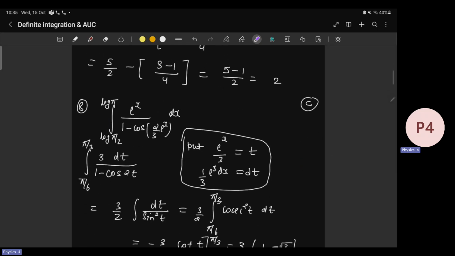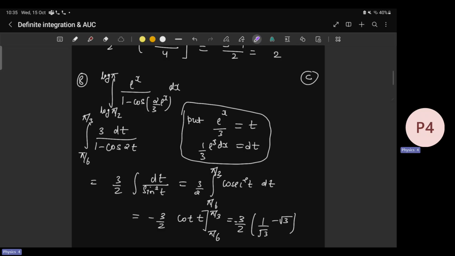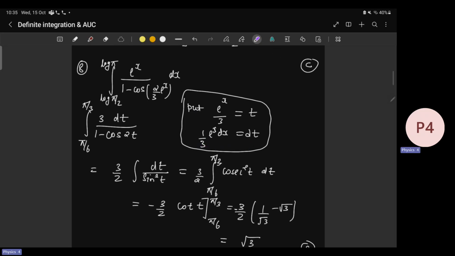Move on to the next question, question number 8. In this, we have been given the integration. If we put e to the power x upon 3 equals t, then e to the power x upon 3 dx will be dt. All right.